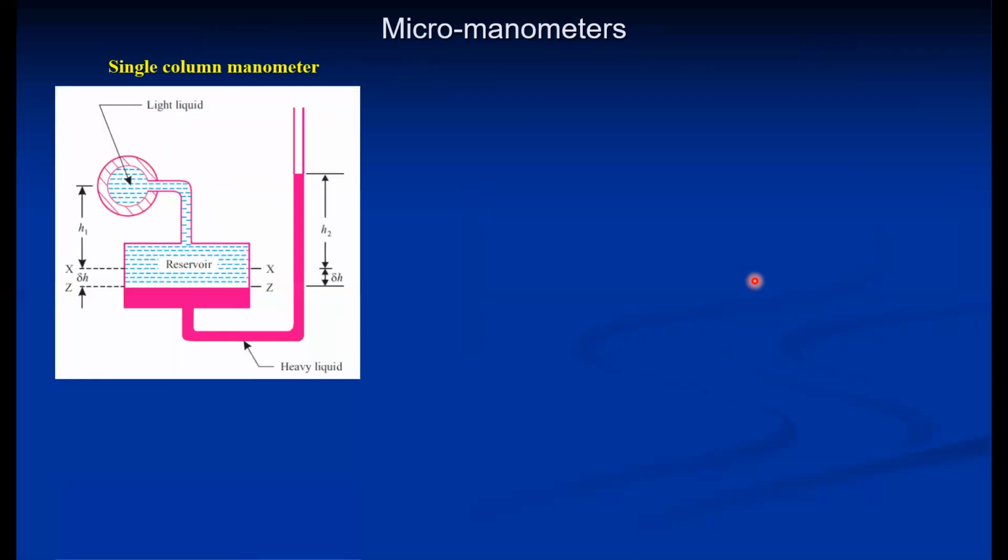Micromanometers are some special types of manometer in order to minimize the calculation part. This single column manometer is used. One limb is replaced by a reservoir, and we can say the level change in the reservoir is negligible compared to the level change in the right limb.